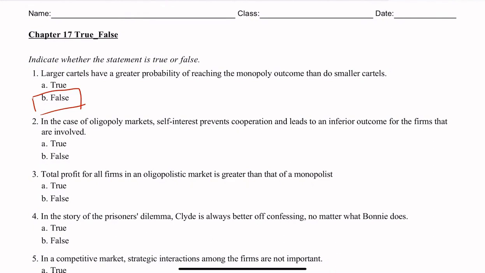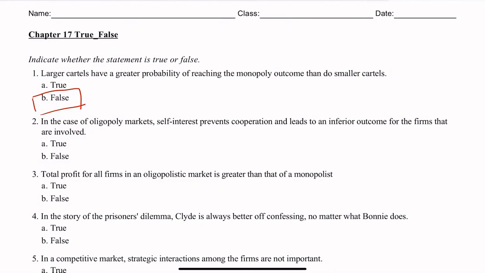Because for cartels, remember that the definition of cartel is like this. If several firms in the oligopoly market collude with each other, then we say these firms form a cartel. So here you can see that smaller cartels actually have a larger probability of reaching the monopoly outcome.